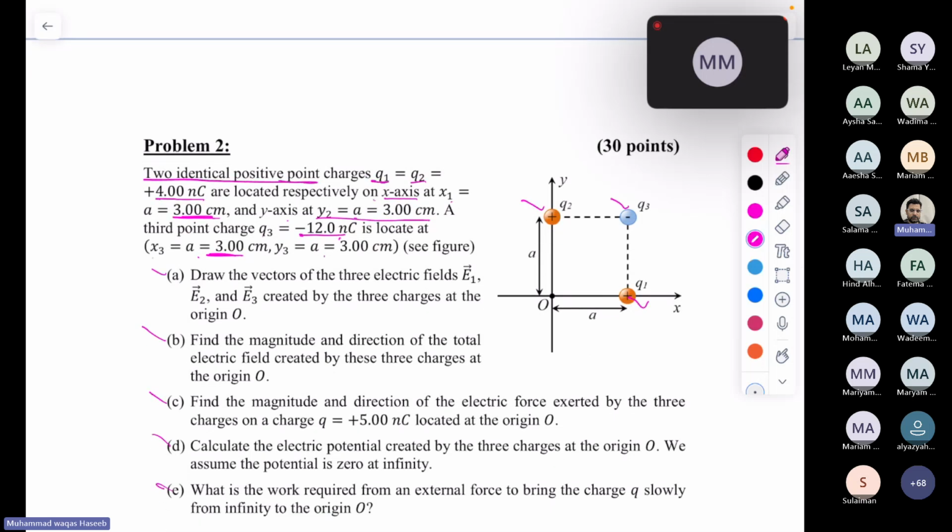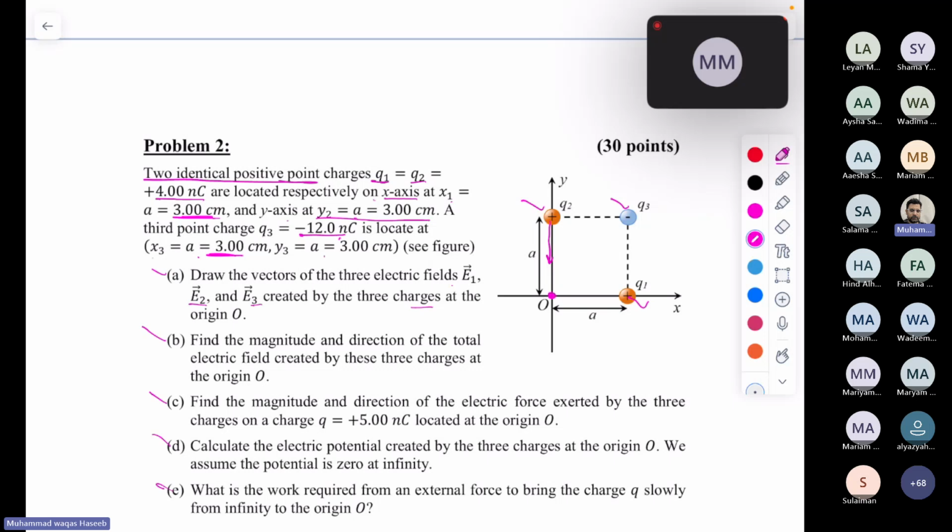The first question is to draw the vectors of the three electric fields E1, E2, and E3 created by the three charges. So this is a positive charge, so the electric field originates from the positive charge and has this direction. This point is our origin, and we are seeing everything from here.